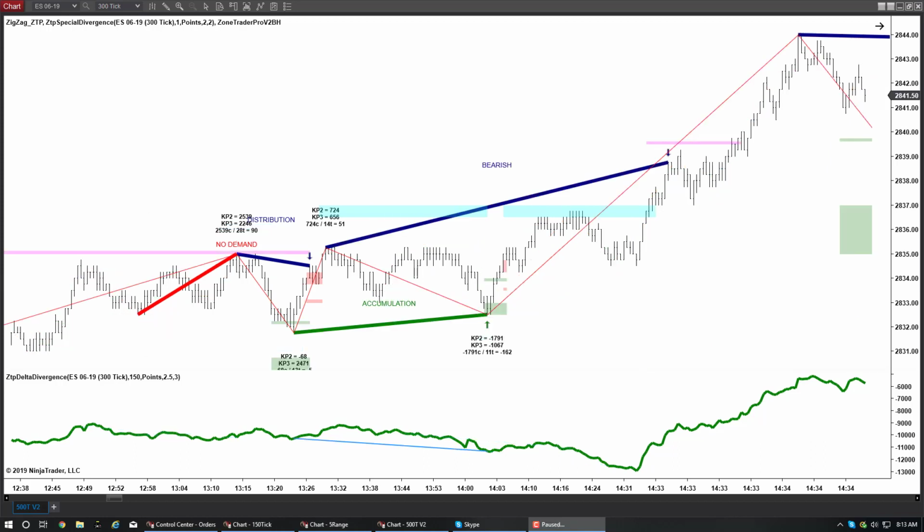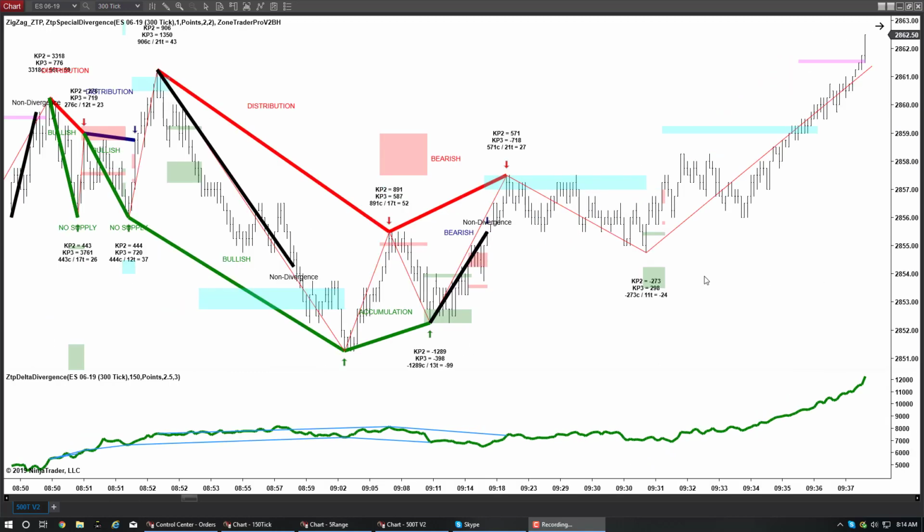So the rule when we are trading an accumulation or distribution trade is that we want to see confirmation in the cumulative delta that the trade is going in our direction, in order to confirm that this is a trade we should be in.